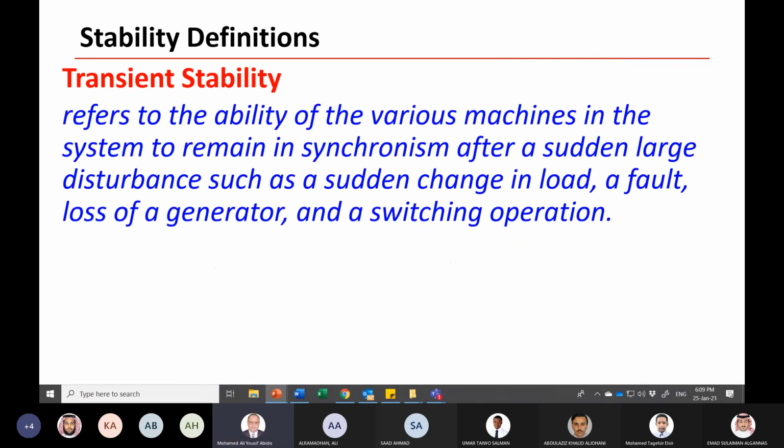Transient stability, again, general definition: ability of the various machines in the system to remain in synchronism. Up to this point, this is a general definition.